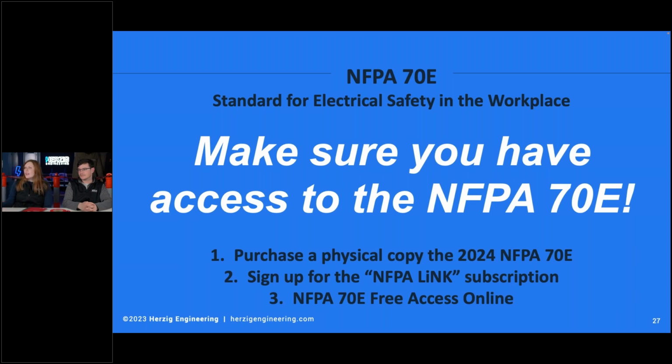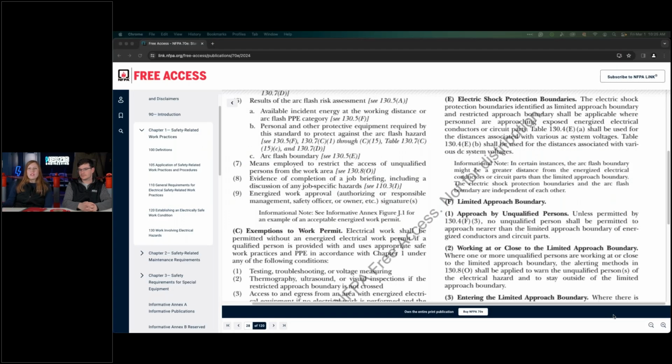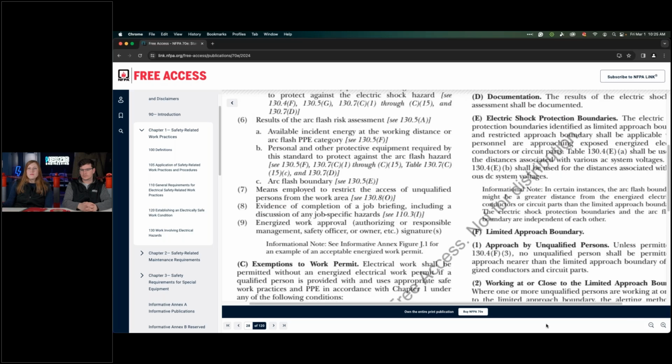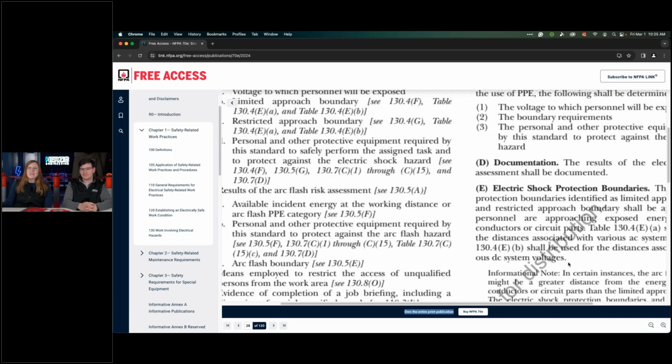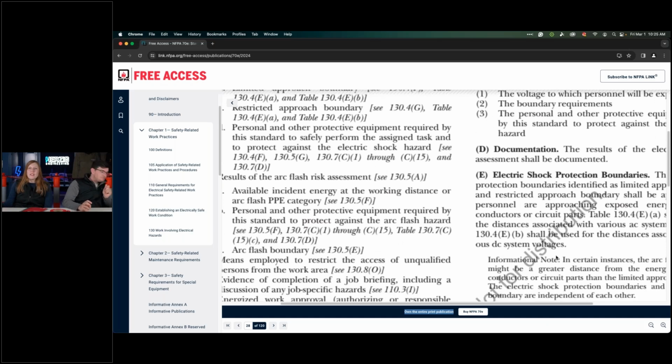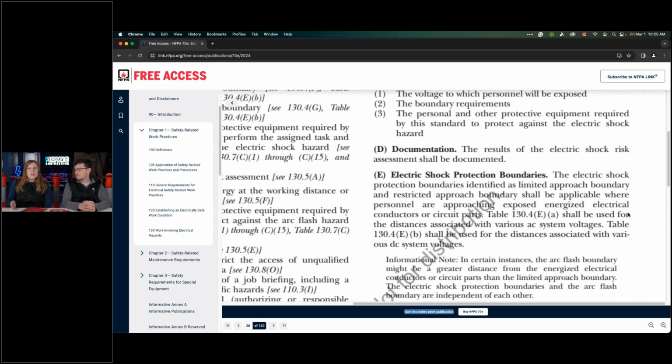So let's look at what the 70E says for the electric shock boundaries. Right now I am in Article 130.4 Part E for the 2024 70E. On the right side there, and I'm going to zoom in just a little more to make it easy to read. So, the electric shock protection boundaries. Basically, you got two different ones. We've already told you, limited and restricted approach.